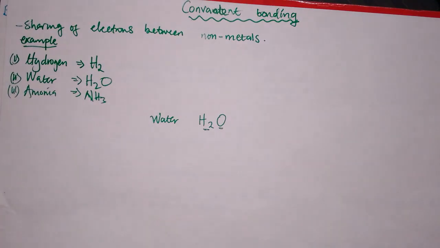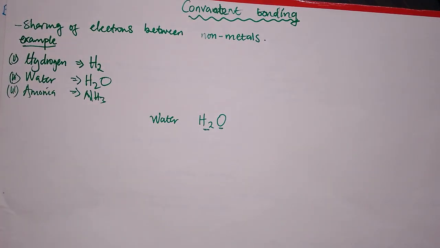Remember what I said in my previous video: the first thing when you are drawing a cross and dot diagram is to take the proton number. Oxygen has a proton number of 8, with electron arrangement 2,6.